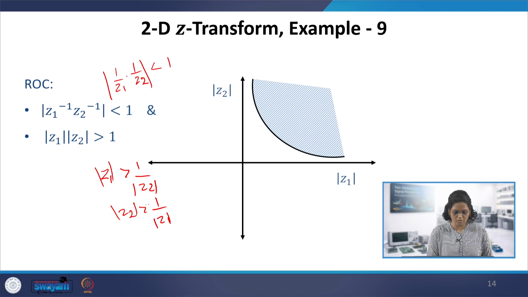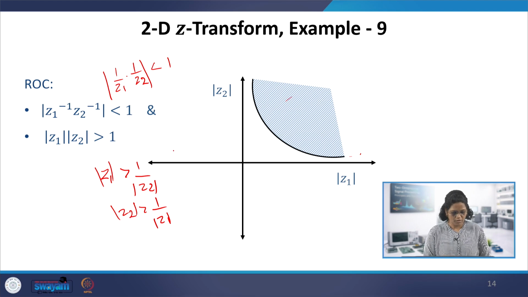This is the equation of the ROC, where Z1 and Z2 are inversely proportional. That is the curve which we get here, and Z2 greater than 1 by Z1 is the portion above the curve, which is the ROC of this case.